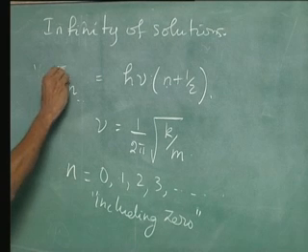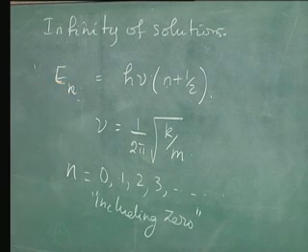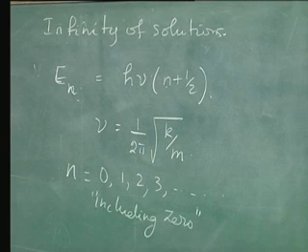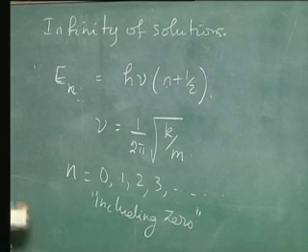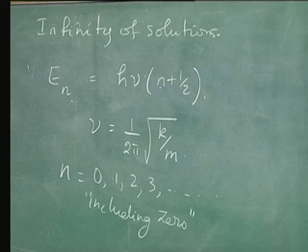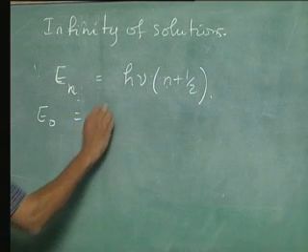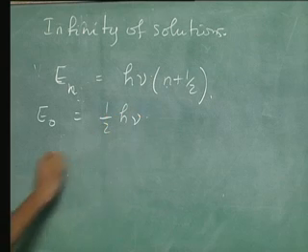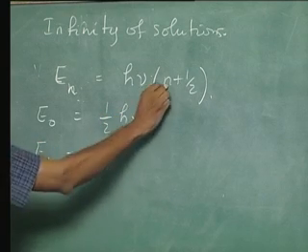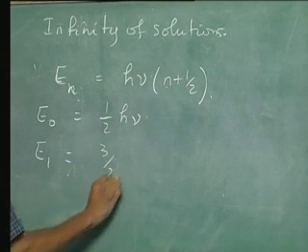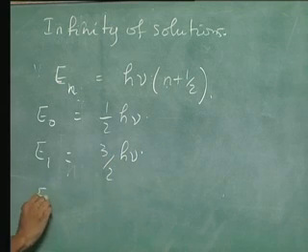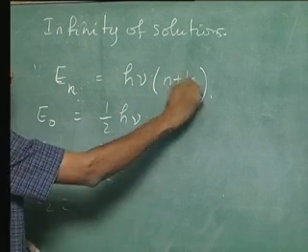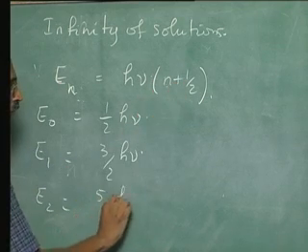So the energy En turns out to be h nu into n plus a half, where n is a quantum number. If you write the harmonic oscillator energies in quantum mechanics, you have E0, which is half h nu, E1, which is 1 plus a half, so 3 halves h nu, E2, which is 2 plus a half, so 5 halves h nu, and so on.